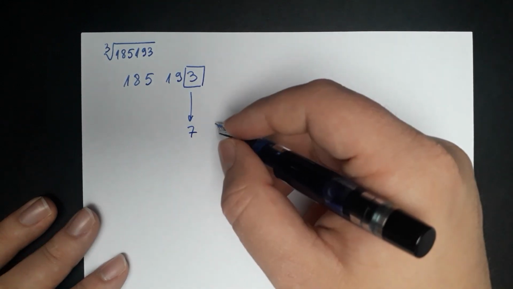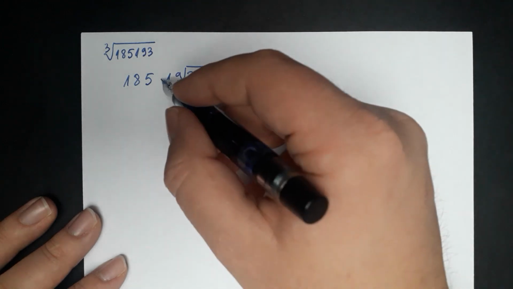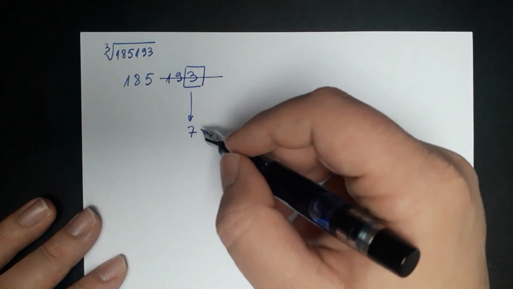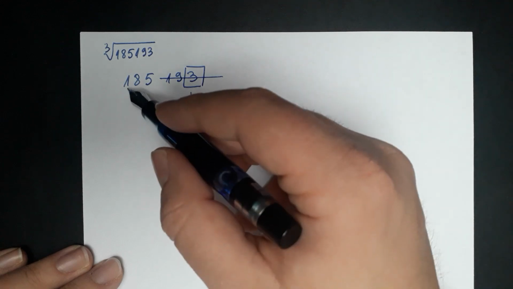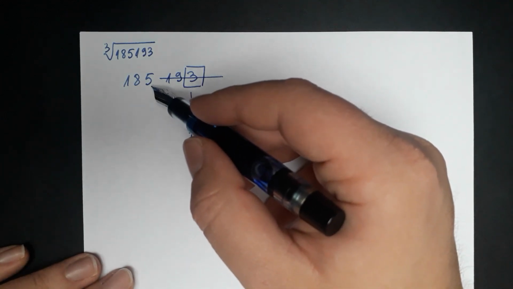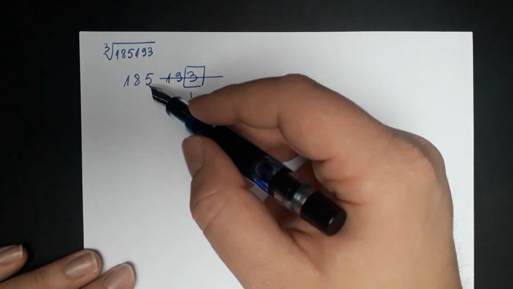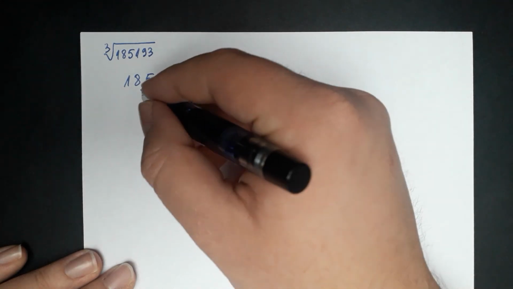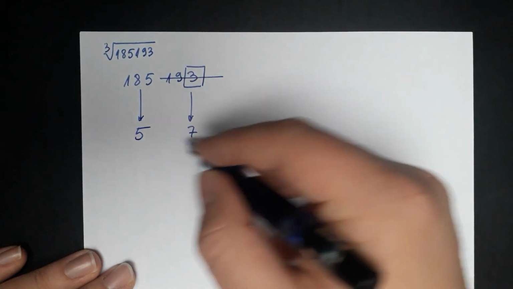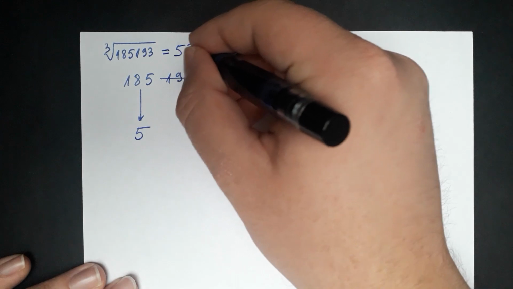And as you remember, 3 and 7 flip. We are going to ignore the last 3 digits of our number. We are focusing on 185. 185 is closest to the cube of 5 without going over. That gives us the answer of 57. So this is equal to 57.